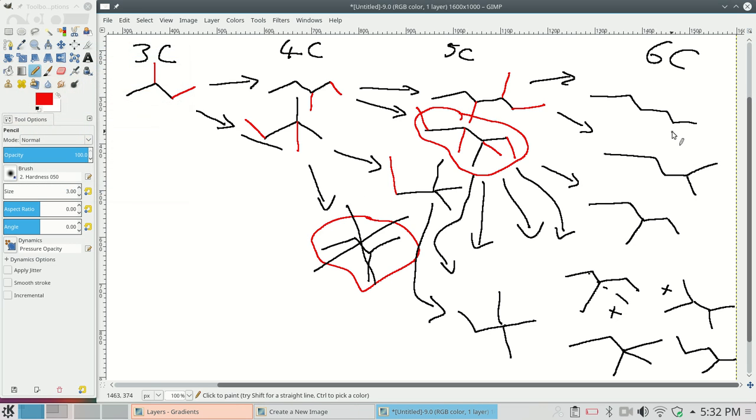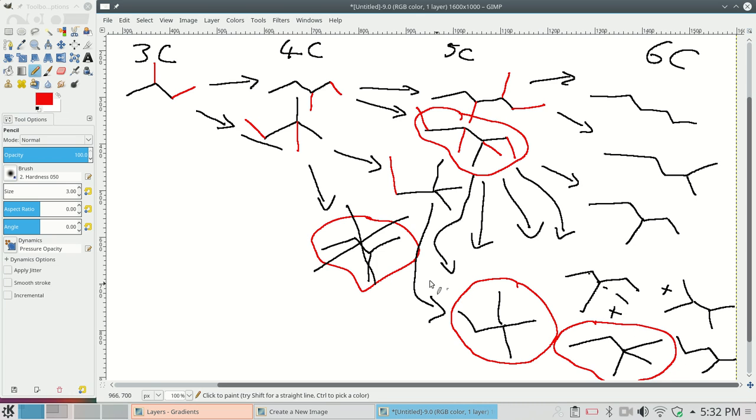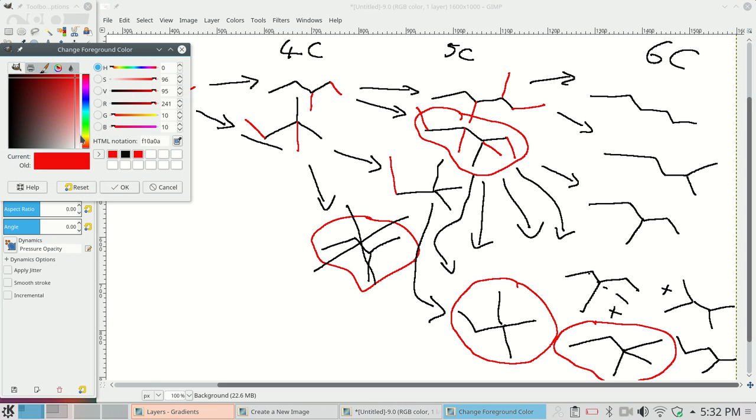Now, these are already quite a lot of structures. So right now we have 1, 2, 3, 4, 5, 6, 7, 8 structures. But there are a bunch of structures that are actually similar. So if you look through them, this structure is the same as this structure. So we can eliminate one of them.